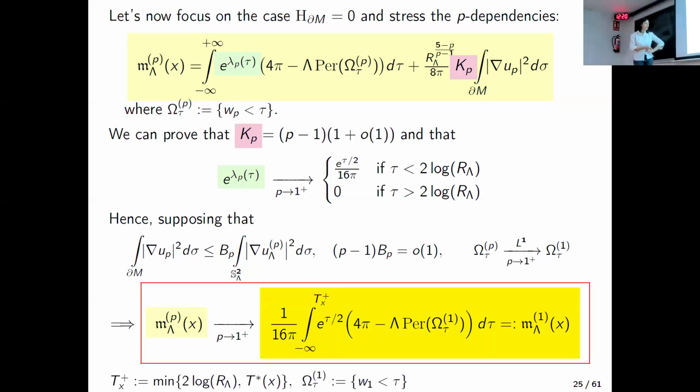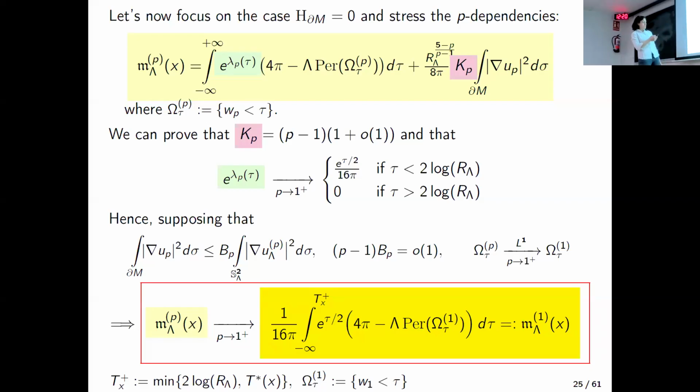The limit of your P quantities is the one harmonic mass that I was showing to you at the beginning, okay? So now you see why the fact that the time is at some point blocked at this threshold comes out, no? Because at the P level, you have to take the integral among all the values of your WP function, which ranges between minus infinity and plus infinity.